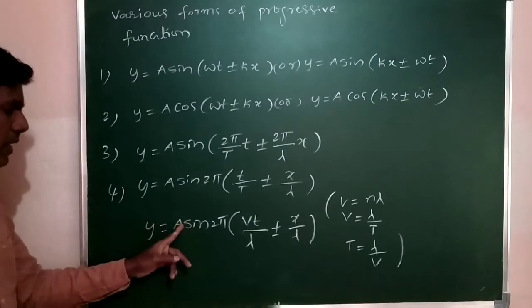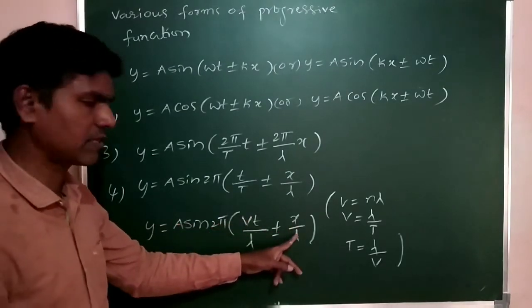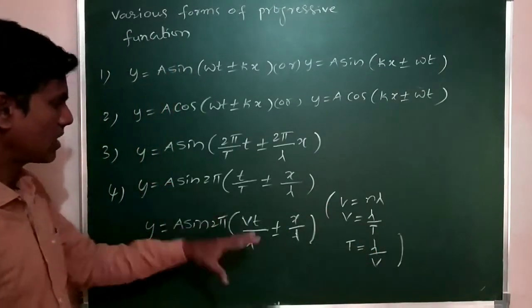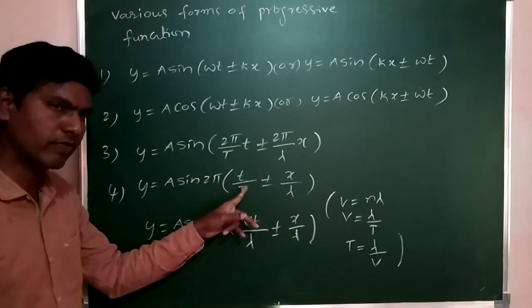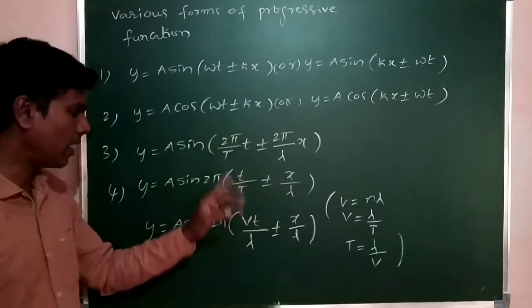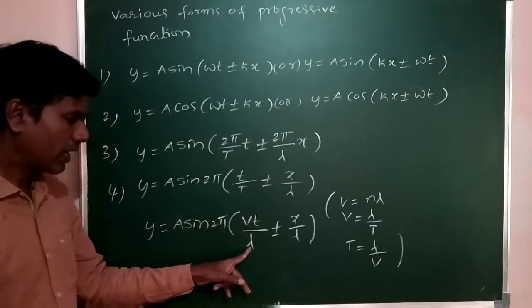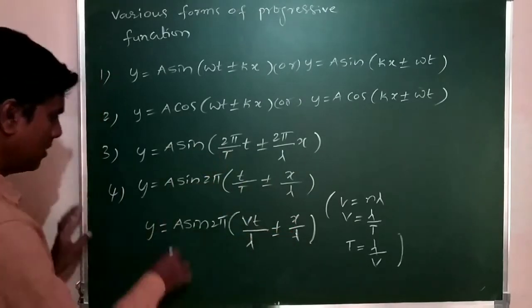See that y equal to a sine 2 pi of vt by lambda plus or minus x by lambda. Capital T is equal to lambda by v, so that's why I substituted lambda by v in the place of capital T. v goes up and vt is divided by lambda. And the plus or minus stays the same, x by lambda.